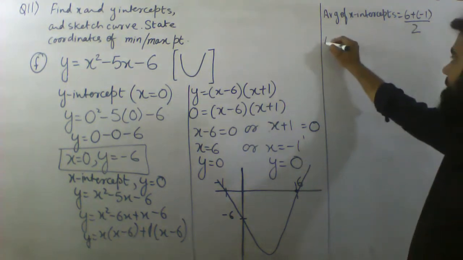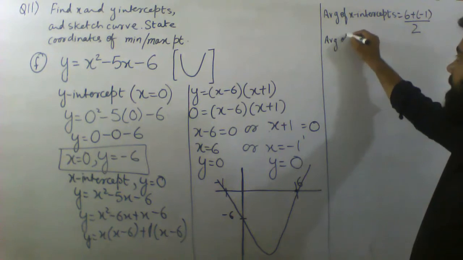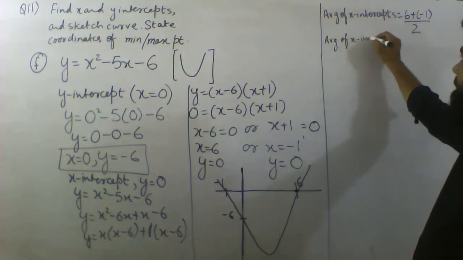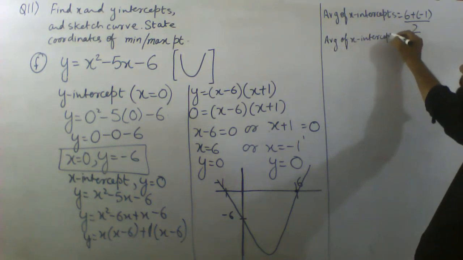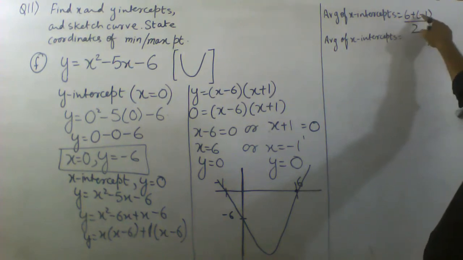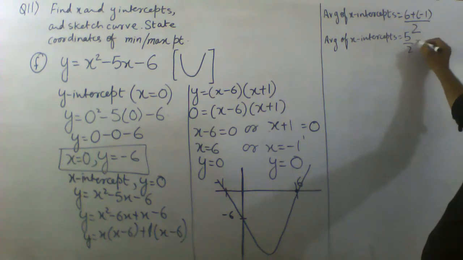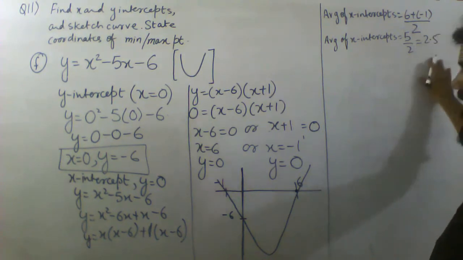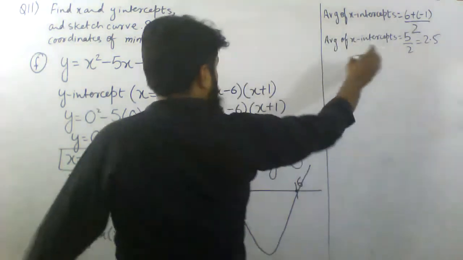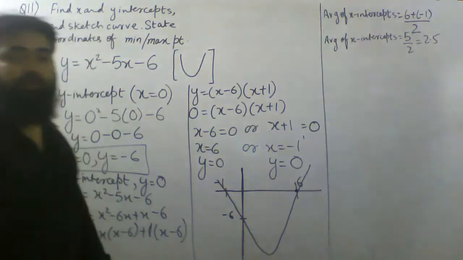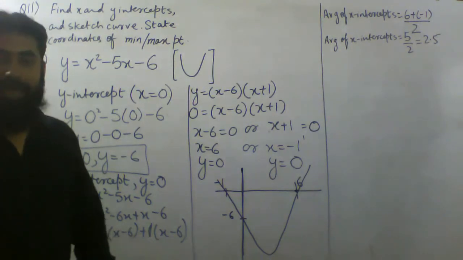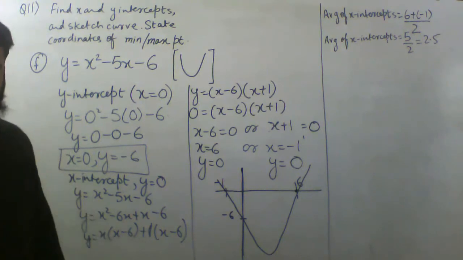So when I will simplify it, average of x-intercept, 6 minus 1 will be 5. 5 over 2 equals to 2.5. Now it's your choice. You can use 5 over 2 or you can use 2.5 as your coordinates. It doesn't make any difference.